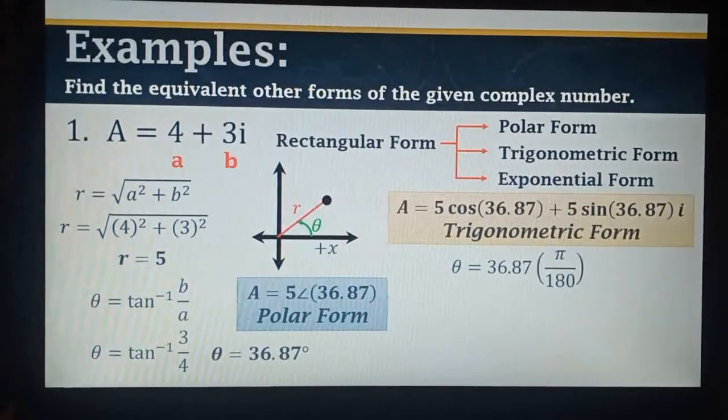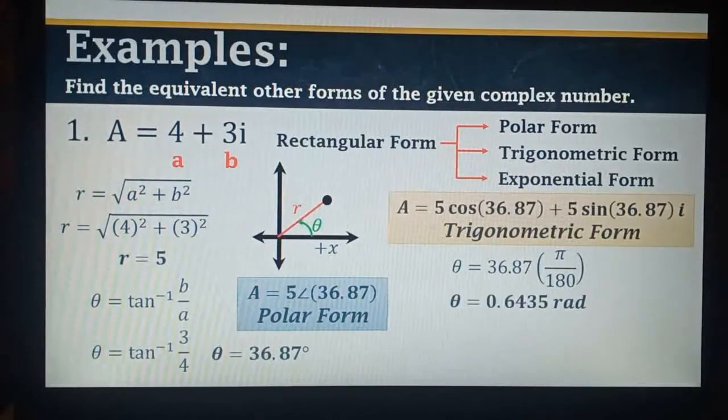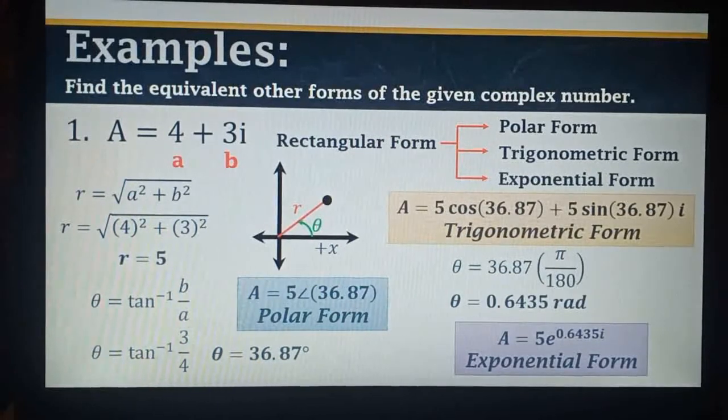So you were given 36.87 multiplied by pi over 180. So the theta in radian is equal to 0.6435. So to have your exponential form, you will have the r, which is 5, then e raised to 0.6435 I, and that is your exponential form.